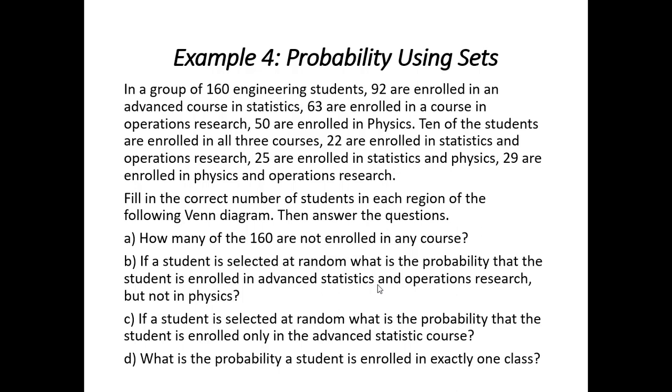So here's a classic example involving 3 different sets. Suppose we have a group of 160 engineering students. 92 are enrolled in statistics, 63 enrolled in operations research, and 50 are enrolled in physics.